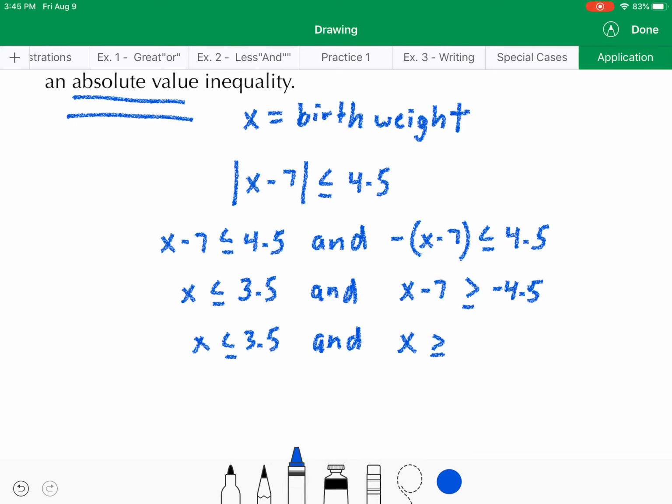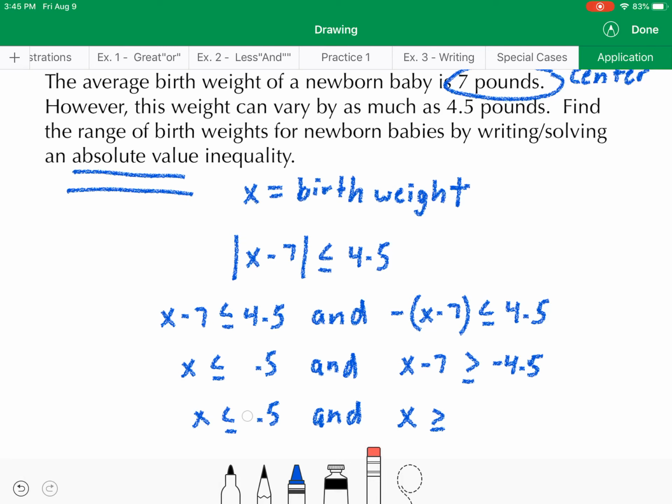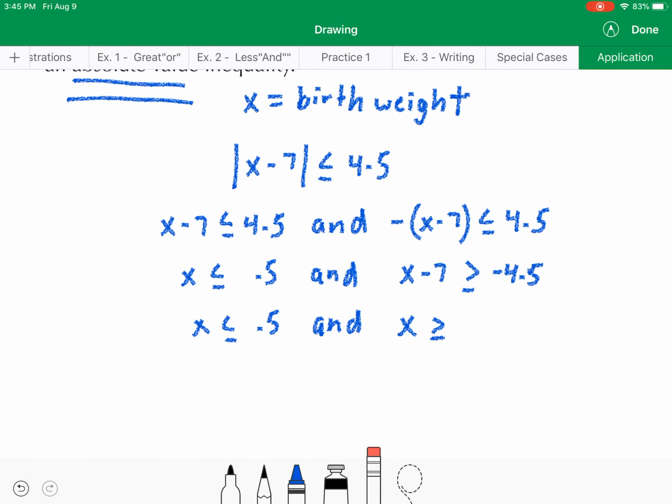Oops, excuse me. I got my signs mixed up here. This should be 11.5. And over here, that should be the 3.5. Sorry about that. Okay, so what this is saying is that you should expect a newborn baby's birth weight to be smaller than 11.5 pounds and larger than 3.5 pounds.